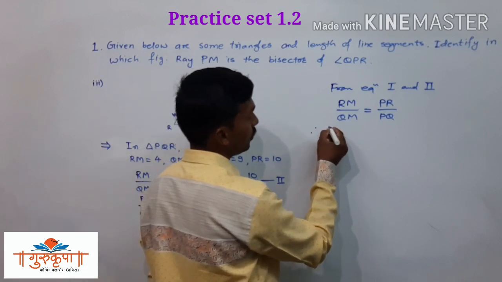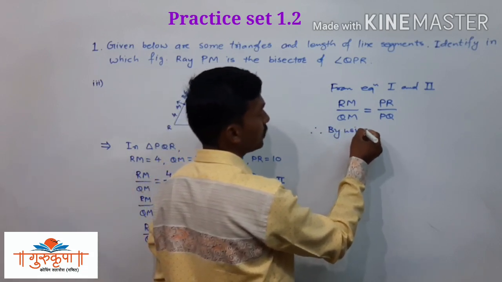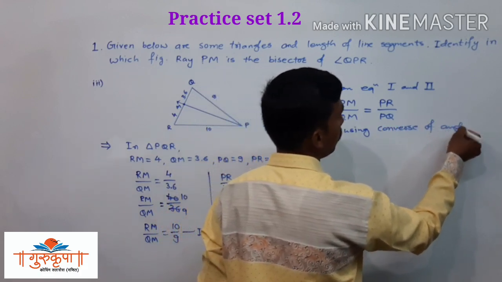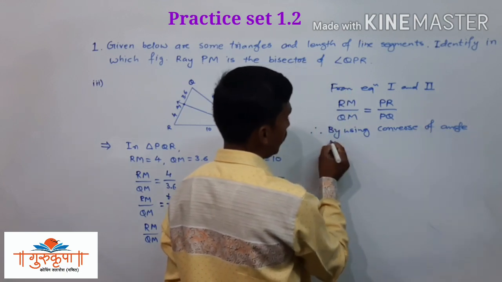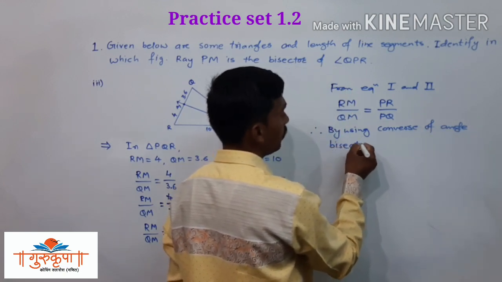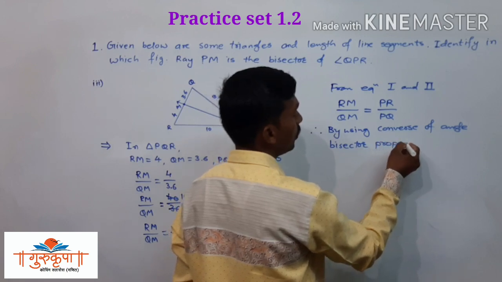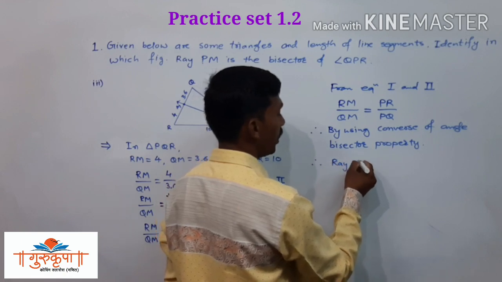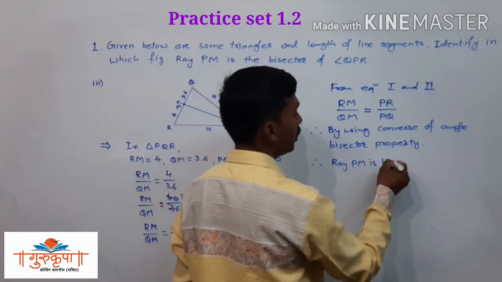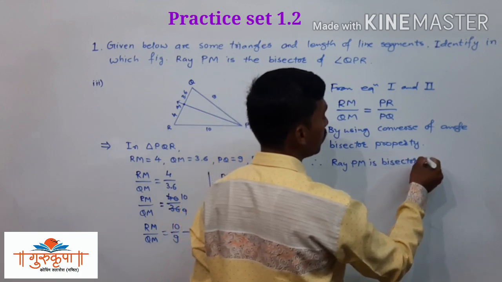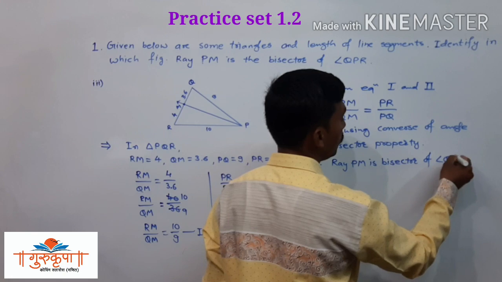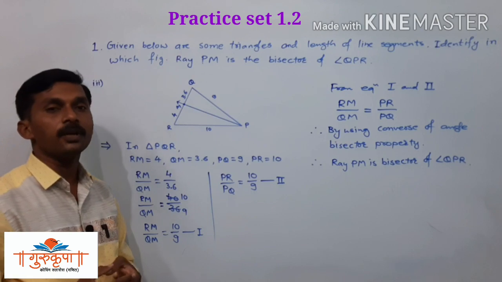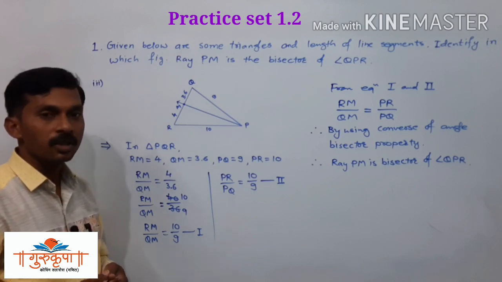So here we will write therefore by using converse of angle bisector property, we are able to say that ray Pm is the bisector of angle QPR. Here we complete the first question, which depends upon the converse of the angle bisector property.